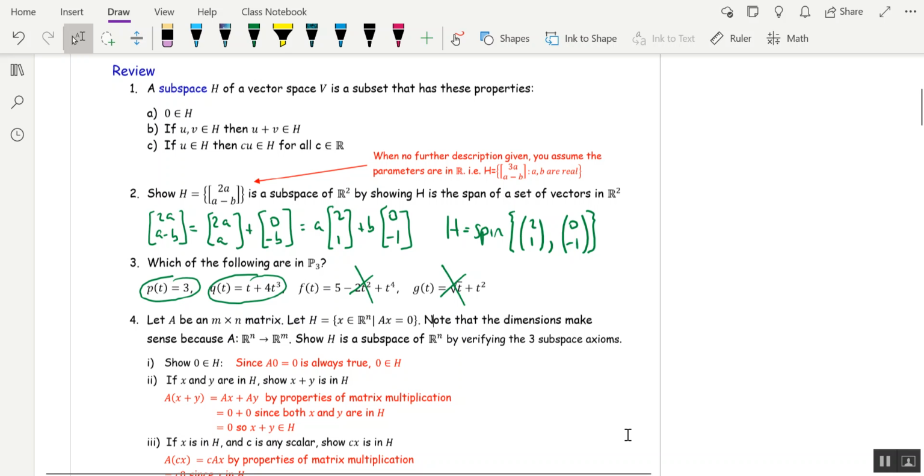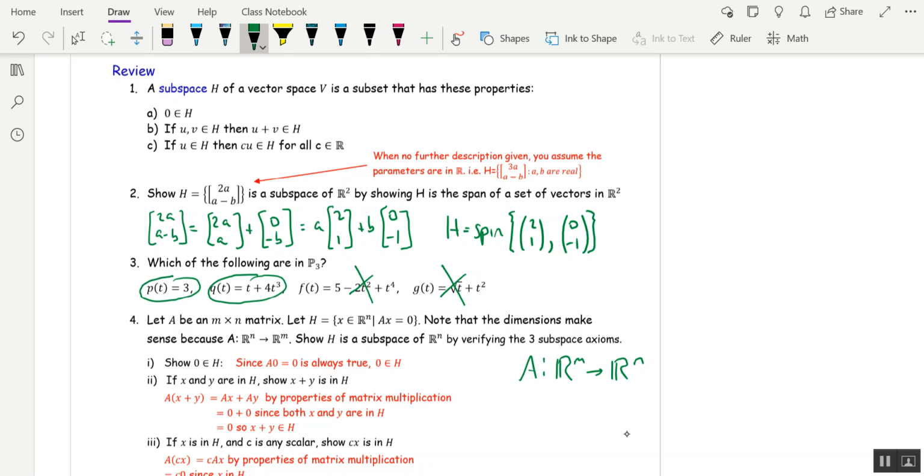All right, a very important vector space is the following. If A is an M by N matrix, A takes vectors in Rn to vectors in Rm. So if you take a vector x in Rn, Ax will be in Rm. Sorry, I had this backwards.